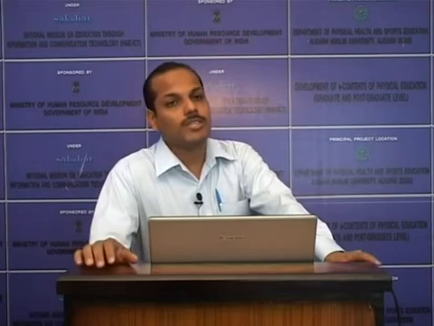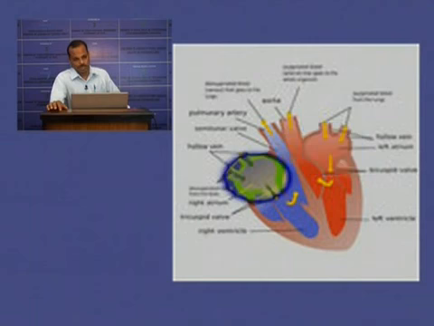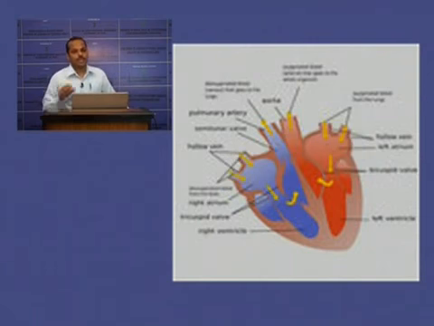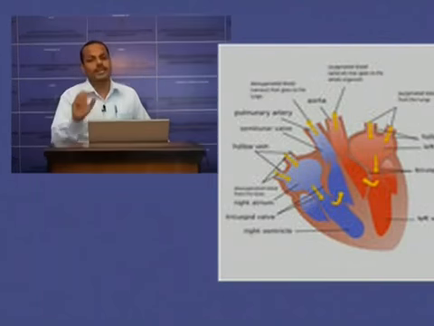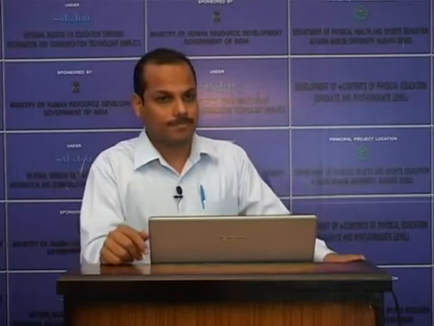Now, the four chambers. The first chamber is the atria. Atria are small thin-walled chambers with expandable outer auricles. These are flaps on the anterior surface of the atria. The filling of the atria is entirely passive, and the two atria are separated by an interatrial septum.